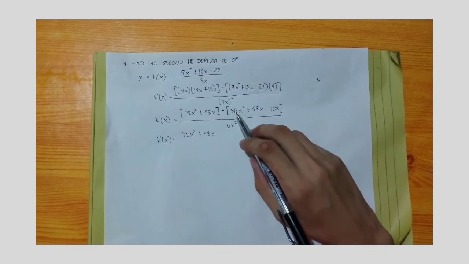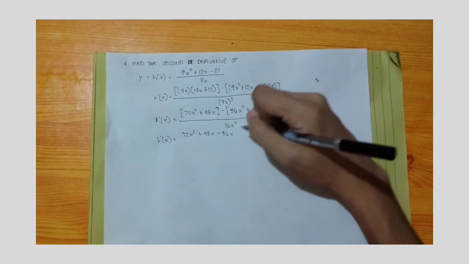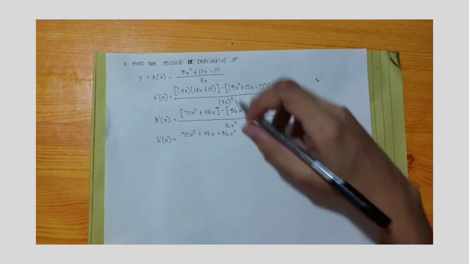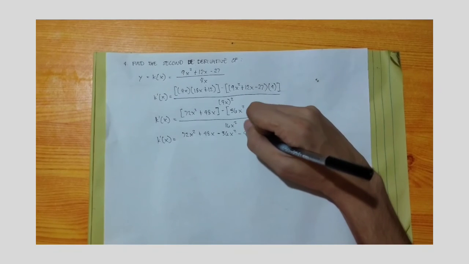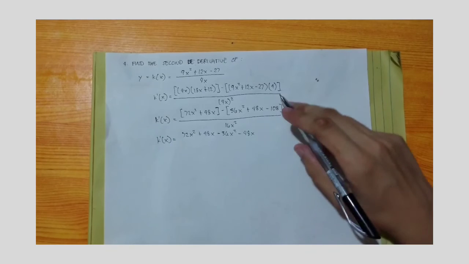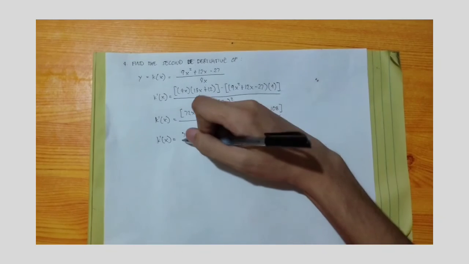Multiply negative sign to 36x squared is equal to negative 36x squared. Then multiply negative sign to positive 48x, we will have negative 48x. And multiply negative sign to negative 108, we will have positive 108 all over 16x squared.